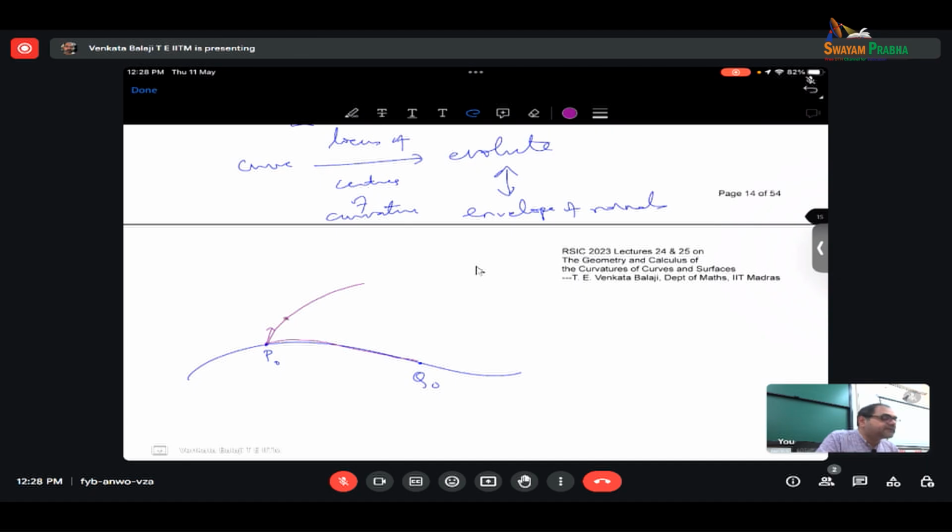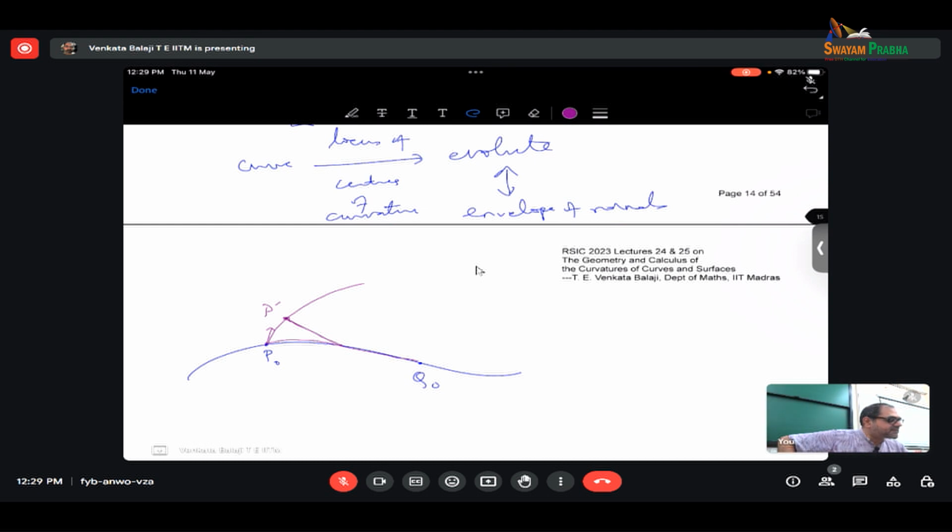If you take any point P prime here, I have pulled this much of the string, and there are two things that are obvious.